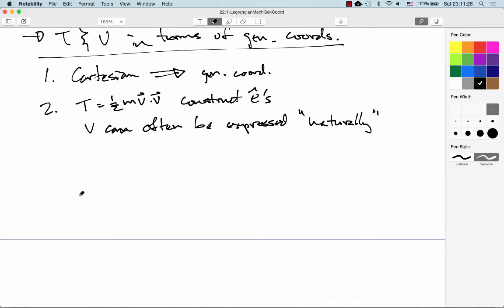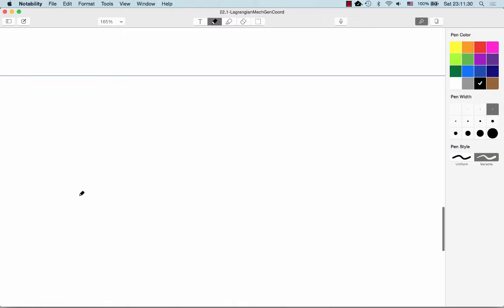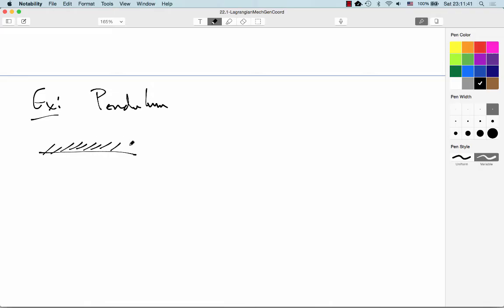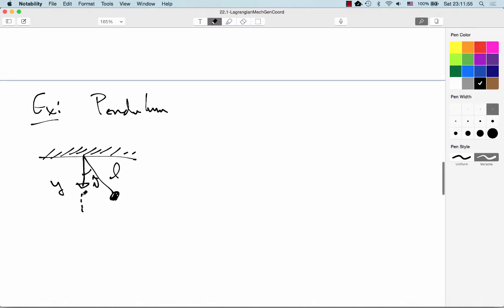So one example that we could look at would be our friend the pendulum again. There's my ceiling, there's my bob, there's my string of length L. All right, so the obvious generalized coordinate here is theta.